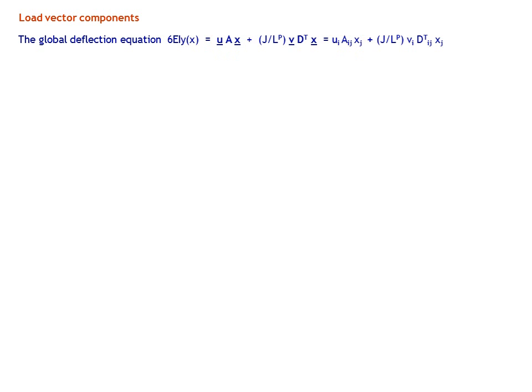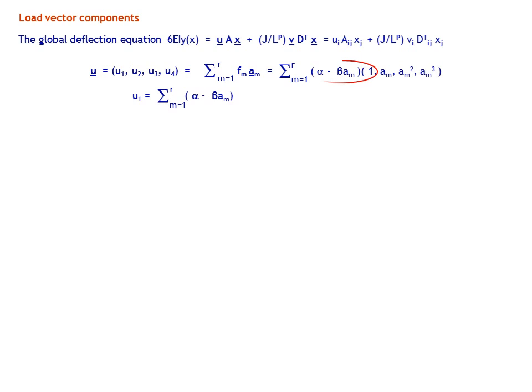So if we look at load vector u, again we need only look at one as the other behaves the same way, then we know from the definition that it can be written as the sum from 1 to r of alpha minus beta am times vector 1, am squared, am cubed. If we look at the first component of vector u, u1, then this is just alpha minus beta am times 1, or alpha minus beta am.